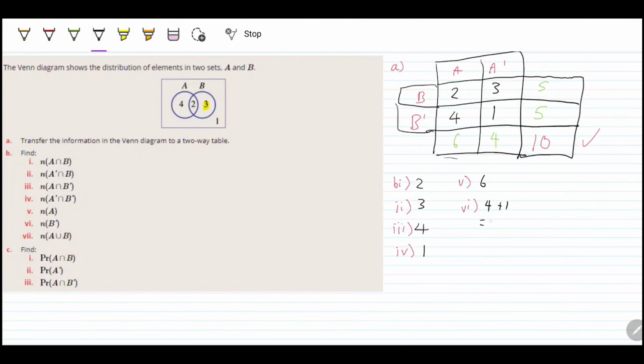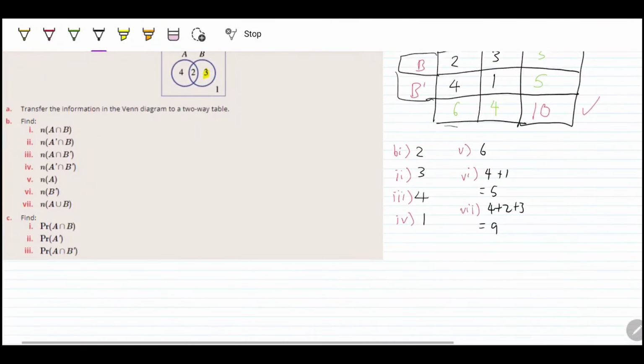In B(vii), this is asking us the number of elements in A union B. In total, there should be 9, so that'll be 4 plus 2 plus 3, which will give us 9.